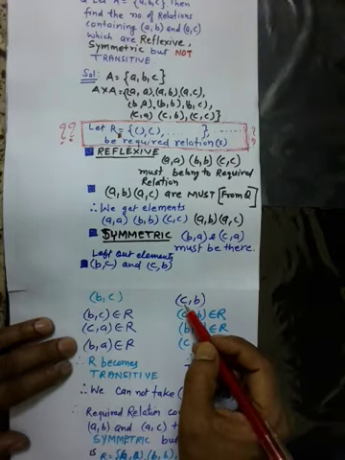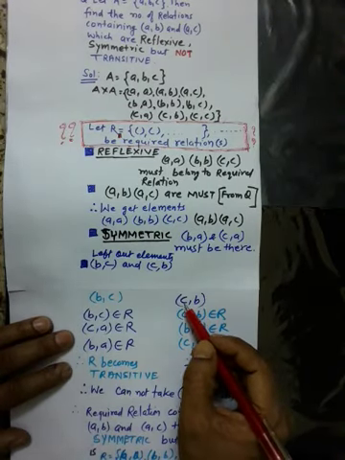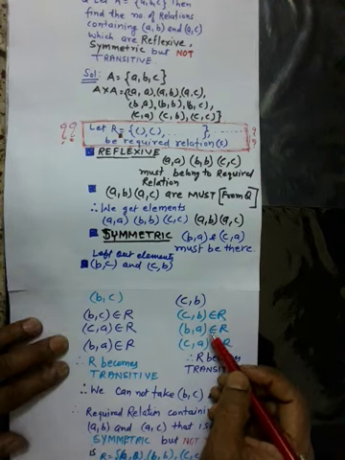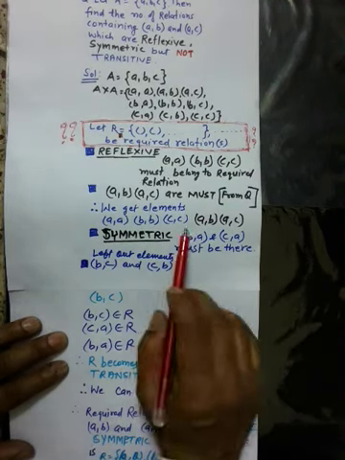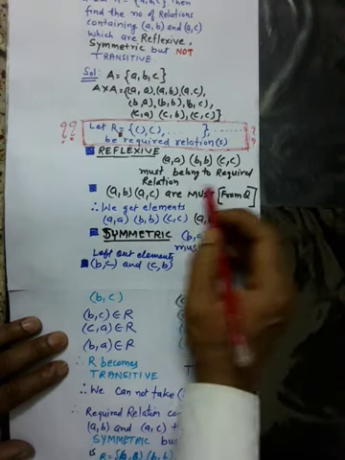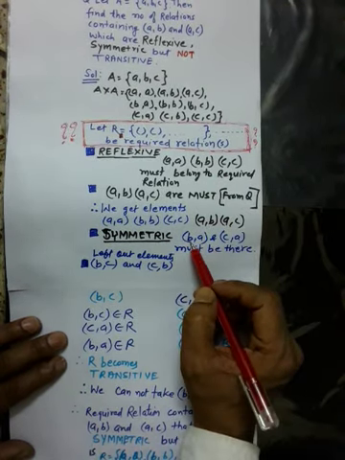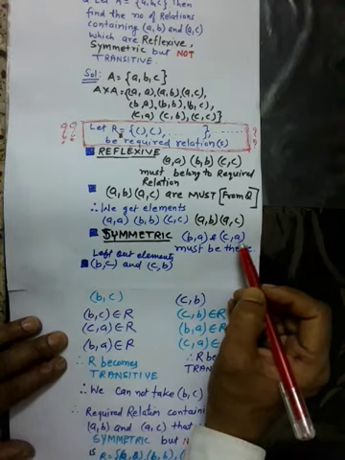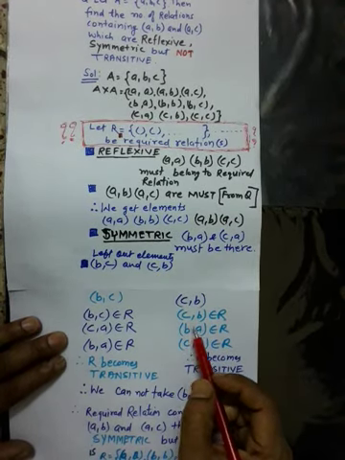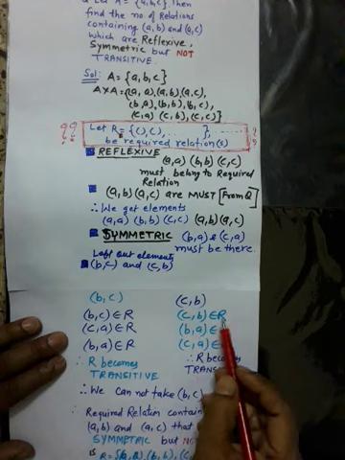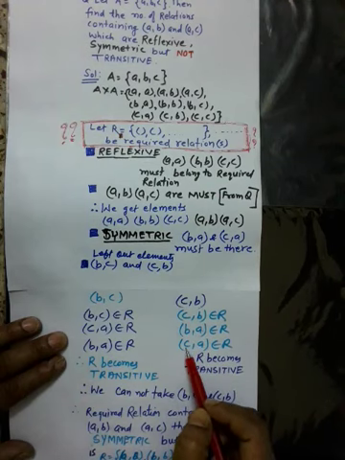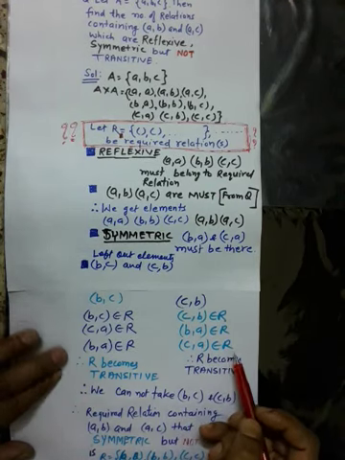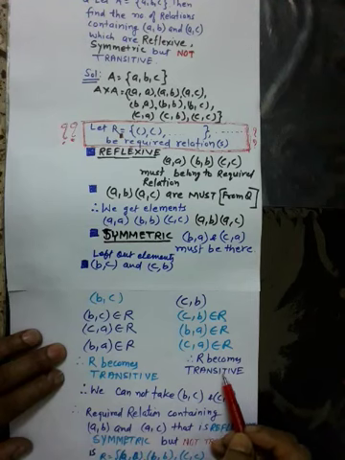Now see, the second one which is left out, (c, b). If (c, b) belongs to R, these 2 are also already belonging to R: (b, a) and (c, a). So (c, b) is in R, (b, a) is in R, and (c, a) is also belonging in R, so R becomes transitive.